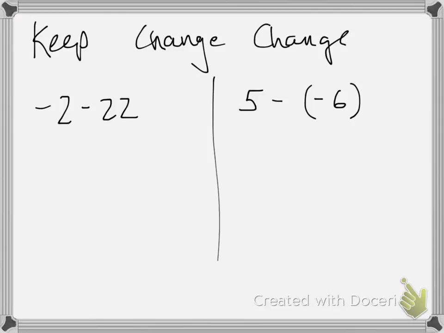Some students also brought a little blast from the past here, keep change change. We use keep change change when we are subtracting integers. So in my first one I have -2 minus 22. And we're going to evaluate this expression.